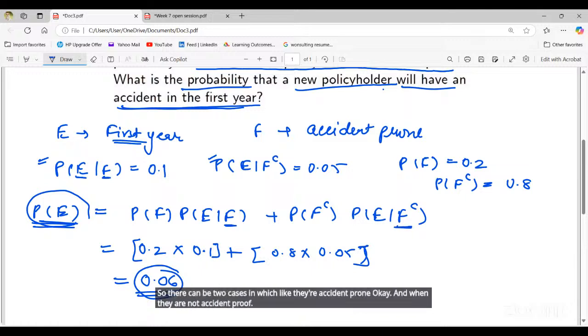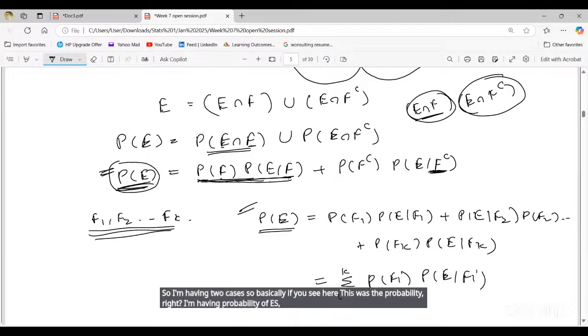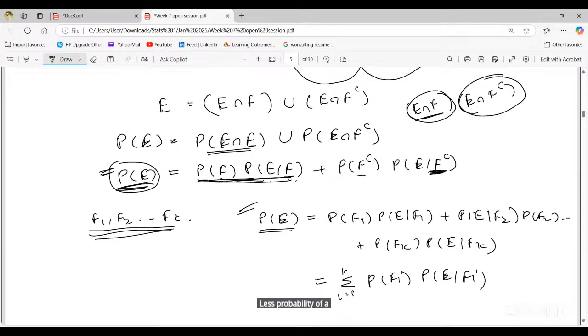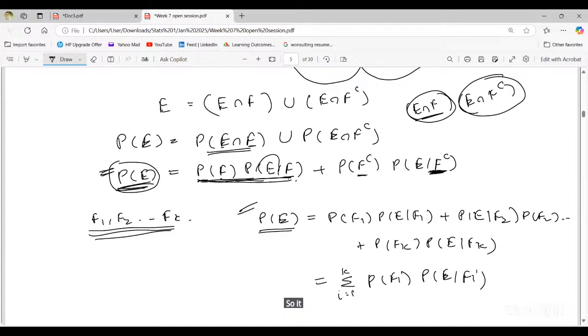So I have two cases: the probability of F into the probability of E given F, plus the probability of F complement into the probability of E given F complement. So it is the conditional probability of E when F occurs and when F does not occur. Got my point?